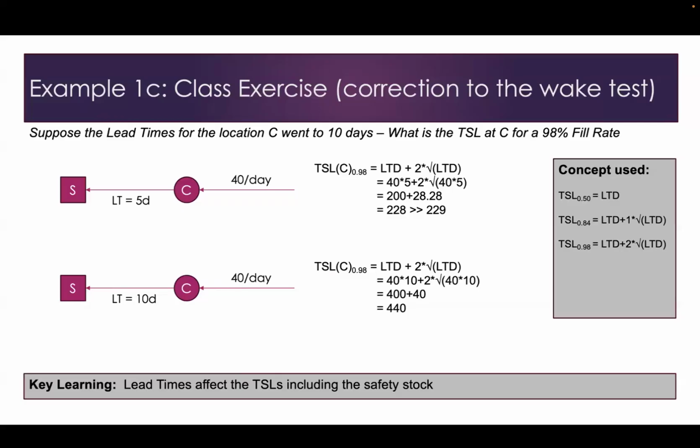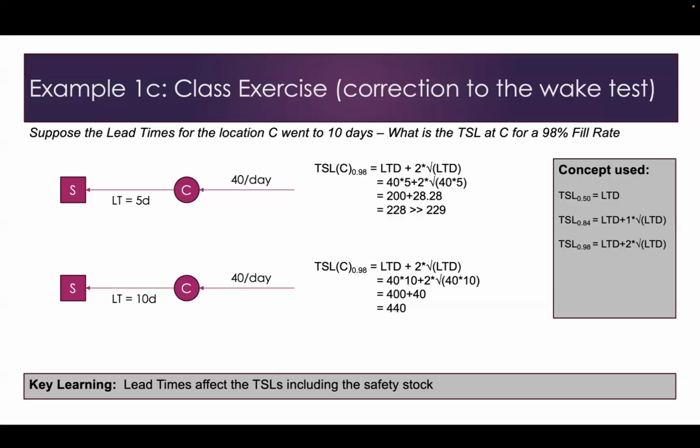So that's very conveniently 440. The key learning here is that the stock level at a location is affected by the lead time. That also affects your safety stock, which is 2 times the square root of lead time demand. Fair enough? Simple enough?